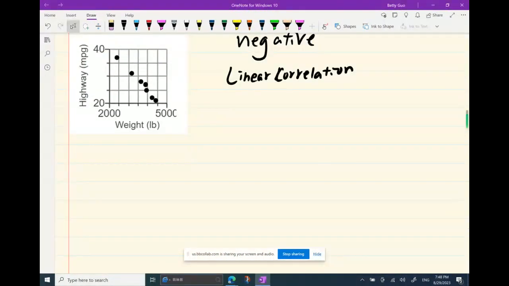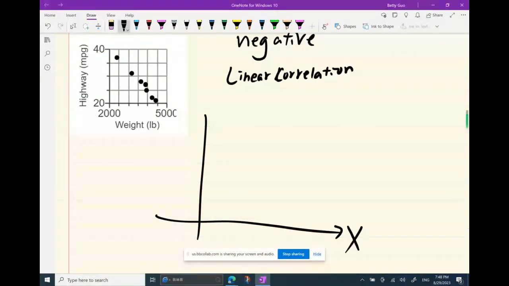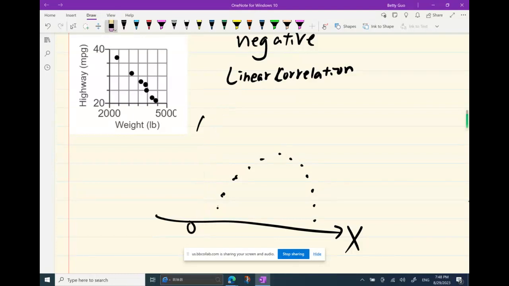For example, if you see something like that, this is a variable x, this is a variable y, and maybe the scatter plot looks like that, right? When that happens, we also say there is a correlation between the two variables. It's just not linear. In this case, it's quadratic. We do not really cover that.